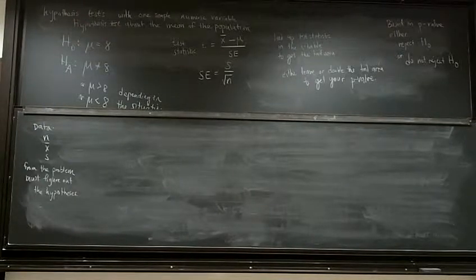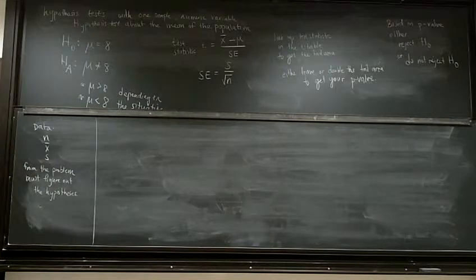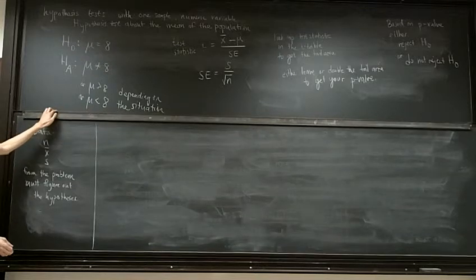Alright, so I will put a problem up on the board, and I'll let you try to figure it out. I think you can do it, and if not, we will go over it together as a class anyway.